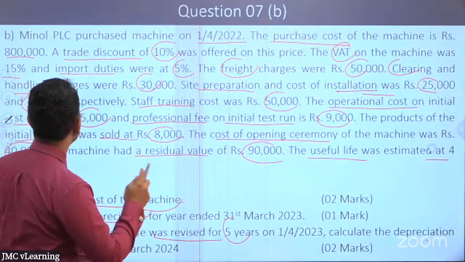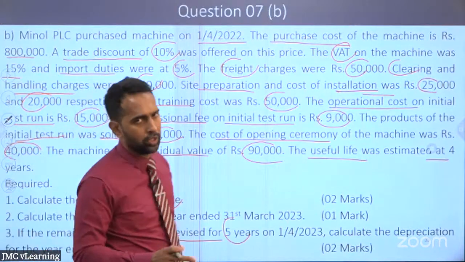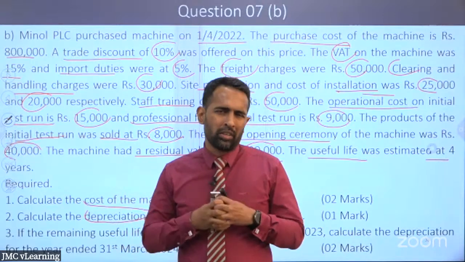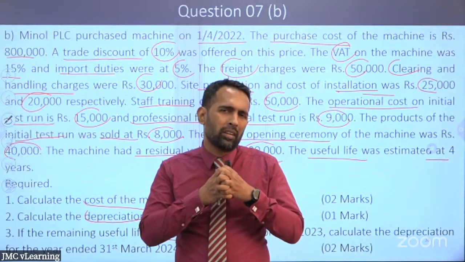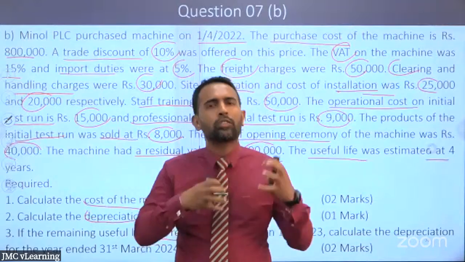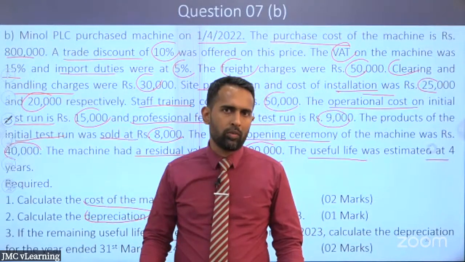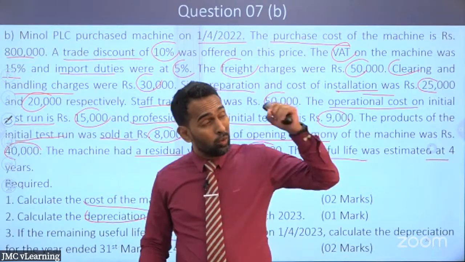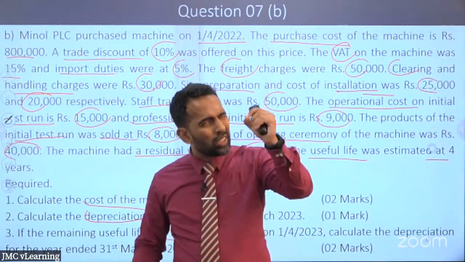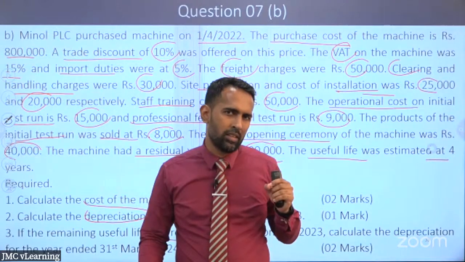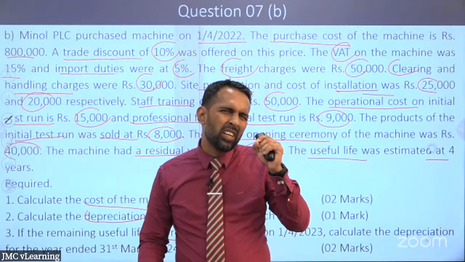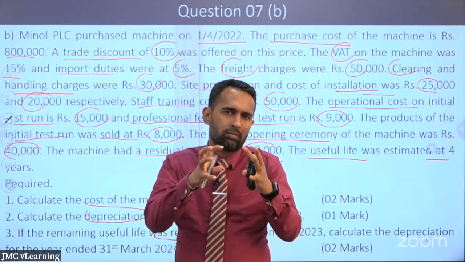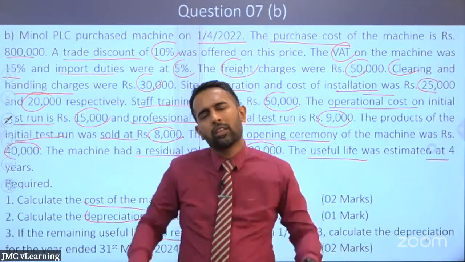Operational cost of initial test run. That is what I wanted to teach. When it comes to an equipment or a machine, sometimes it might be required to run a test run before we start using the machine. The new amendment to the standard says something like this. When it comes to the initial test run, the operational cost cannot be capitalized to the asset.